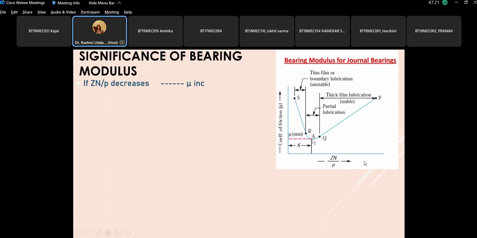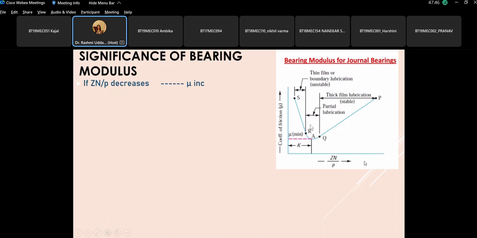This is the curve for coefficient of friction and this is for ZN by P. Below this vertical line is the boundary lubrication or thin film lubrication. Above this vertical line is the thick film lubrication or hydrodynamic lubrication, and this is an unstable zone. This is a stable zone. We have to see why this is stable and why this is unstable.